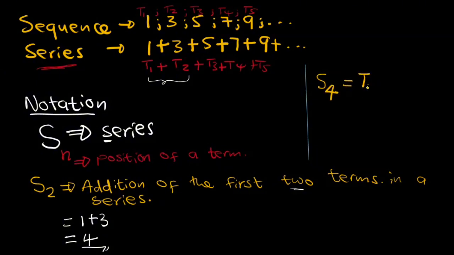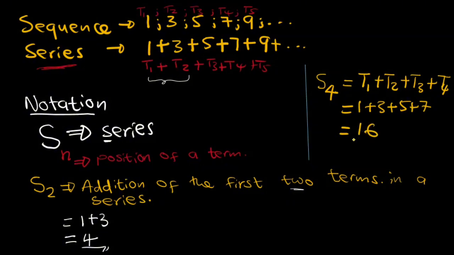S4 means T1, T2, T3, and T4. The last number should correspond to whatever is here. My first term is 1, 3, 5, and my fourth term will be 7. Then 1 plus 3 is 4, 4 plus 5 is 9, 9 plus 7 is 16.